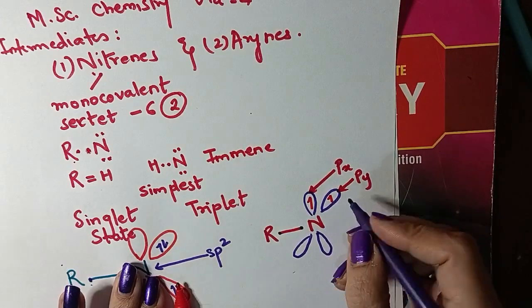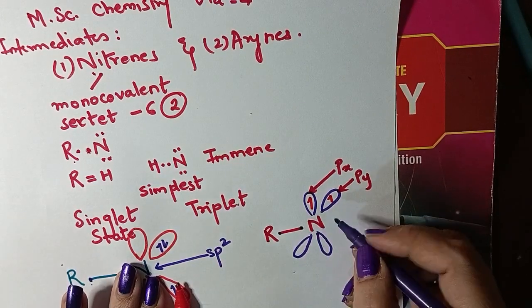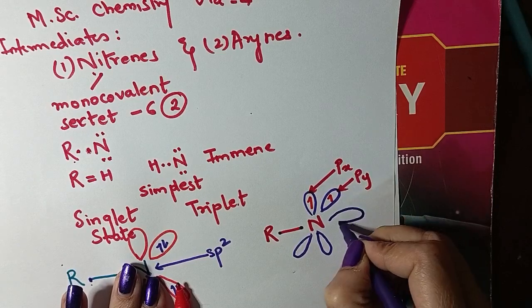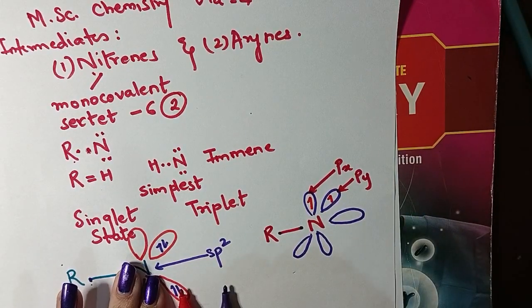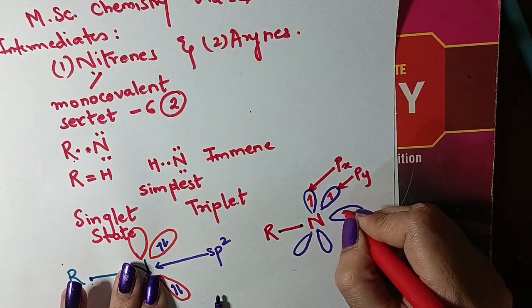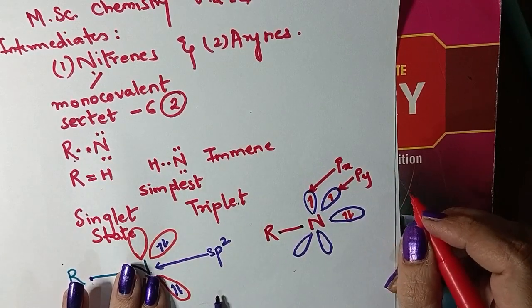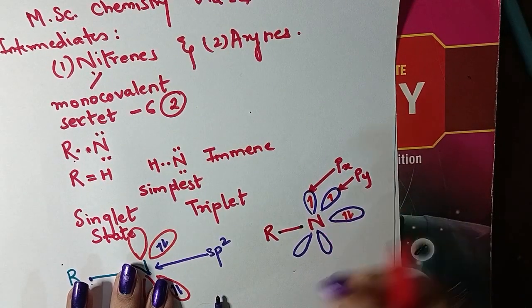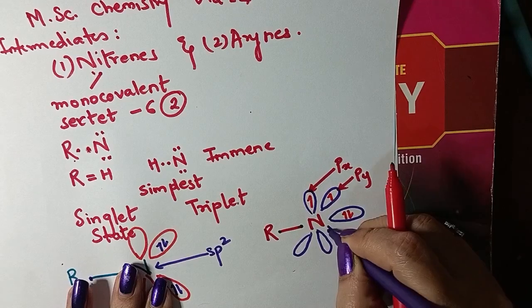The other sp hybrid orbital contains 1 lone pair of electrons. This nitrogen is sp hybridized.